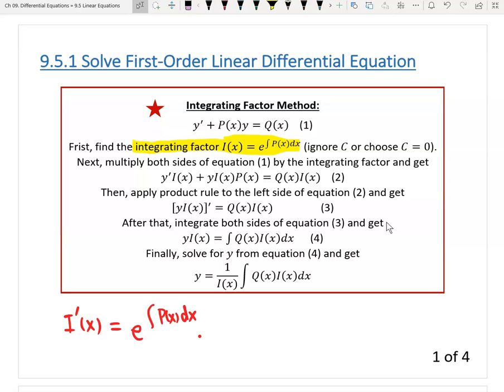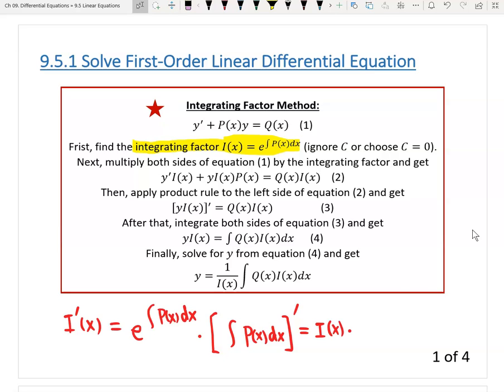This is the derivative of the outer. Let me write the derivative of the inner. The inner function is the power, and we take its derivative. This is the chain rule. Of course, I simplify, and the first term by the definition is I of x.